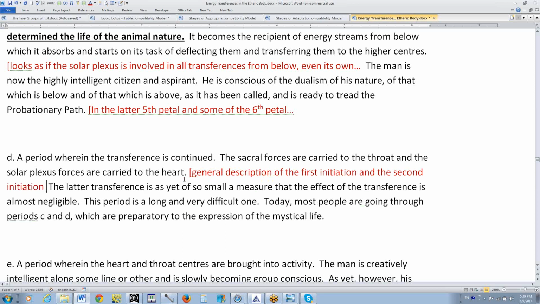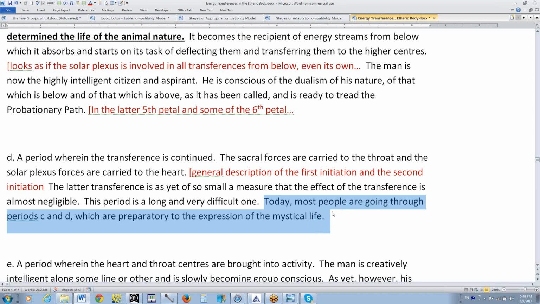The latter transference is as yet of so small a measure that the effect of the transference is almost negligible. Well, okay, we're not really then at the second degree yet. The period is a long and difficult one. Today most people are going through periods C and D, which are preparing for the expression of the mystical life.